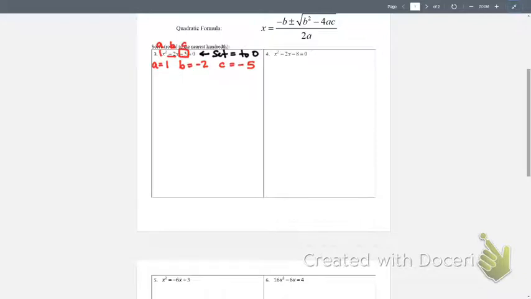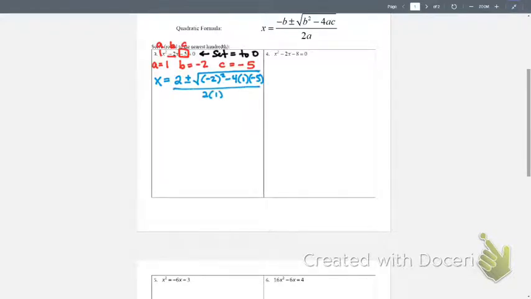Now the quadratic formula, again, is x equals the opposite of b, which is 2, plus or minus the square root of b squared minus 4 times a times c all over 2 times a.